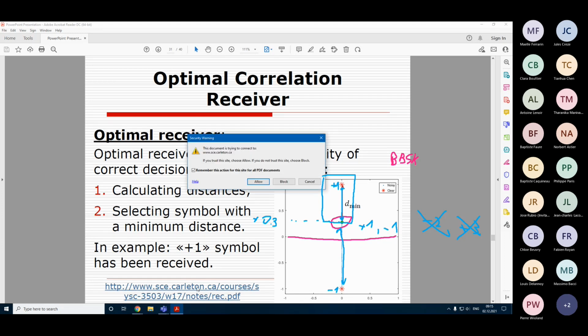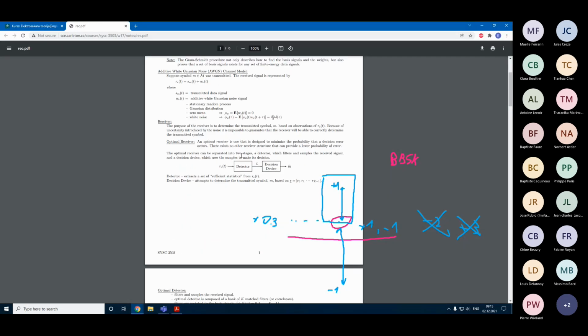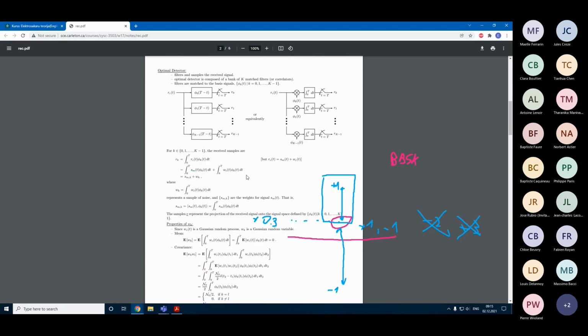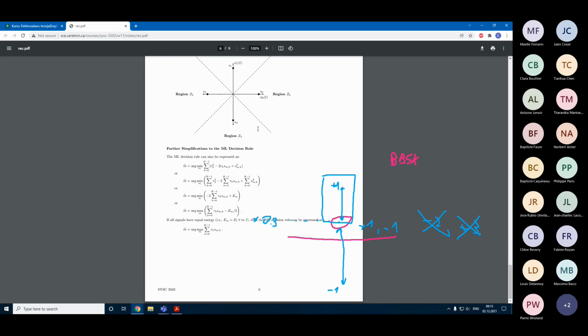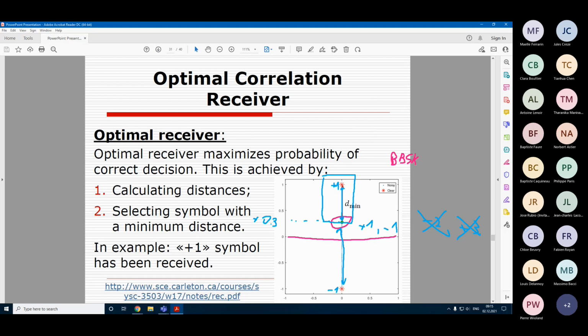So here you can look in more mathematical detail about how this works. These correlation integrals we are now going to discuss. If you are interested, you are welcome to study it. And in fact, it also discusses non-binary modulation types, which we'll also do later in our last lecture.